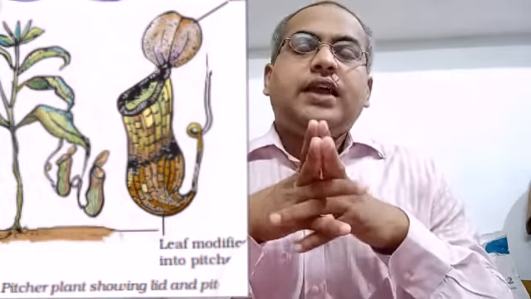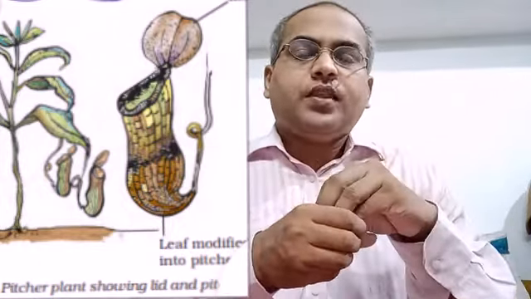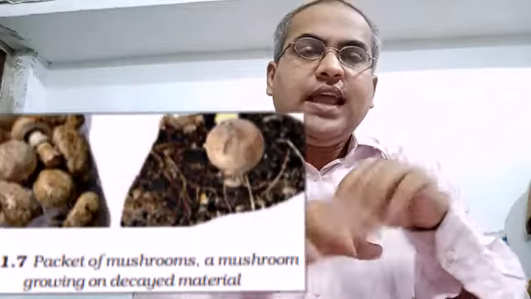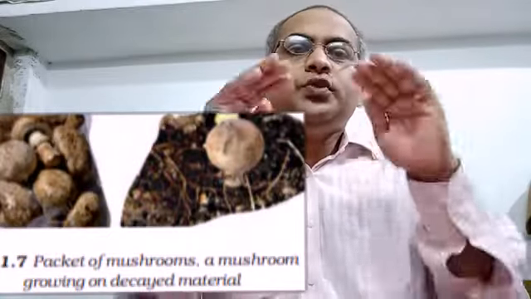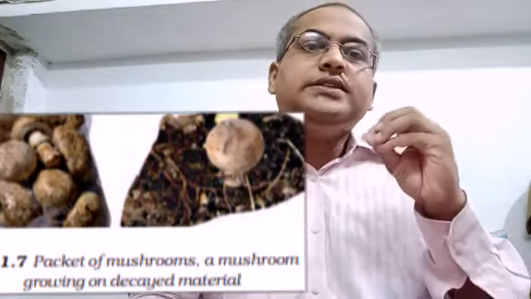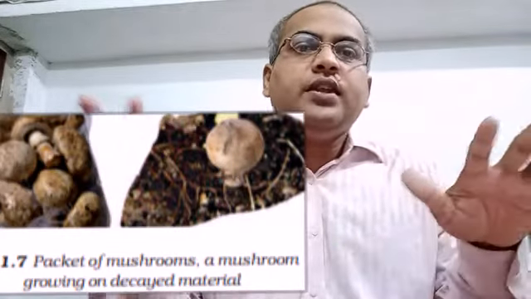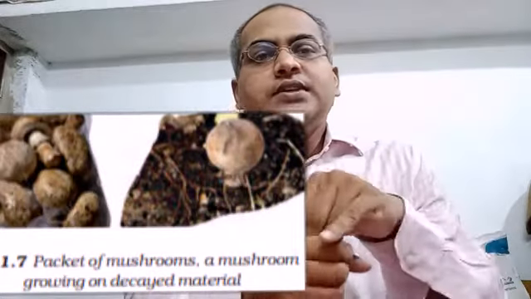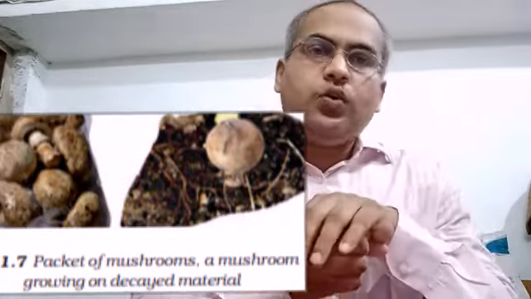There is a sticky layer, so whenever an insect lands on the pitcher plant, it sticks to the pitcher, and the hairy growth pushes it downwards, and then it secretes the digestive juices and digests and absorbs it. As the insect goes inside, the lid closes.